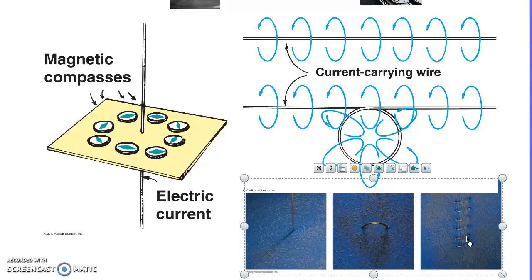Okay, so these coils with an iron core in the middle of it line up its domains and make a very strong electromagnet. All right, the stronger the current, the stronger the magnetic field. If you lessen the current, you lessen the magnetic field. So basically you have a variable magnet. You can adjust the amount of current and then adjust how strong the magnet is.